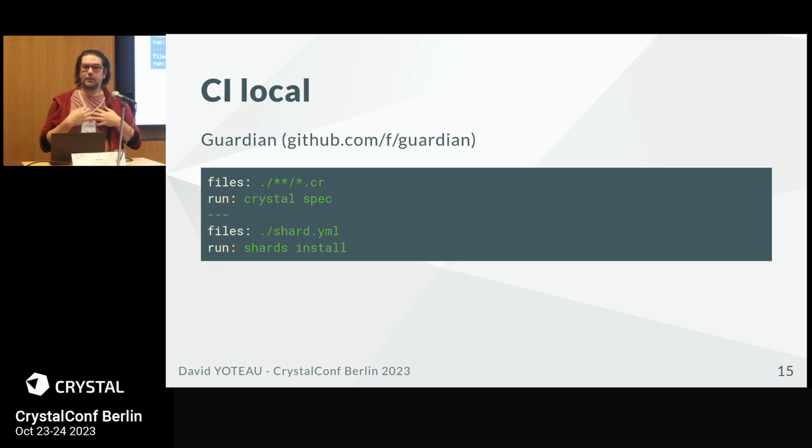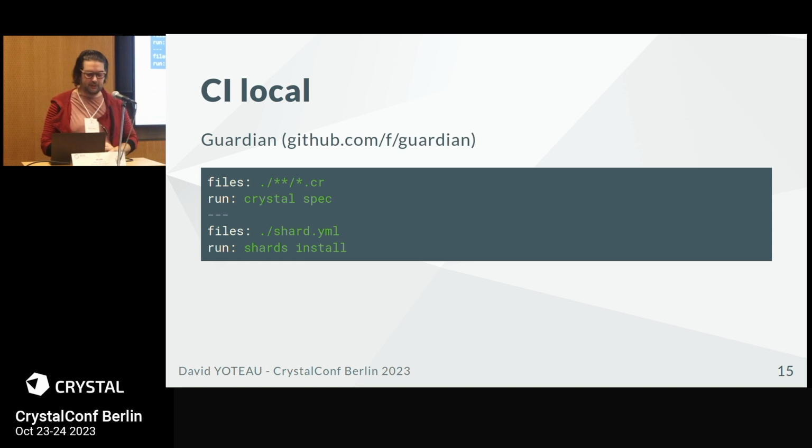Since I'm a little lazy, writing tests or code and then launching the tests tires me out. So I automated my dev workstation with a local CI. For the first tool, I use Guardian.